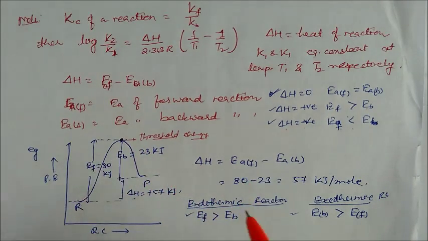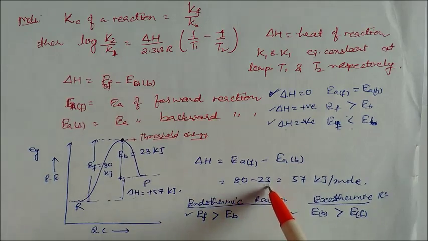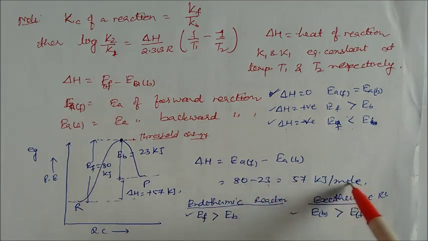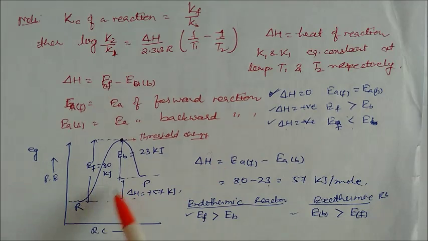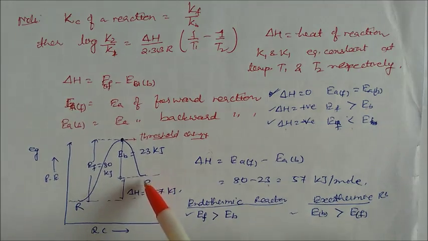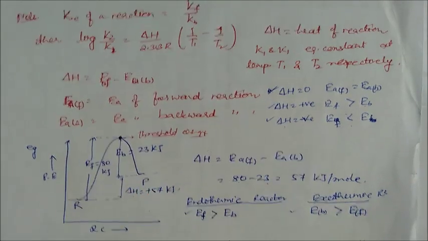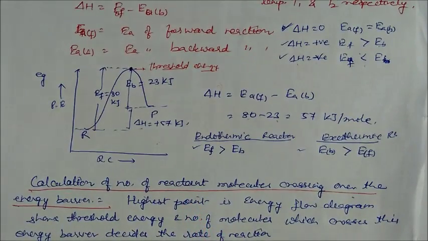So delta H will be 80 minus 23, which comes to 57 kilojoules. This is positive, so this reaction is endothermic. For exothermic, EB should be greater than EF, meaning the products should go this side, and then the reaction will be exothermic.